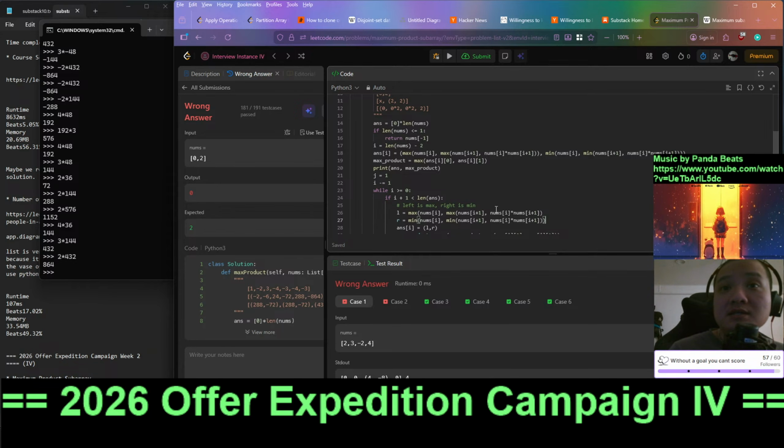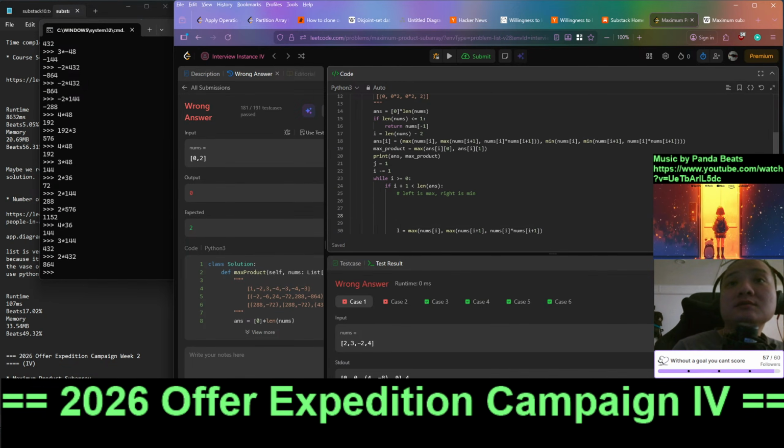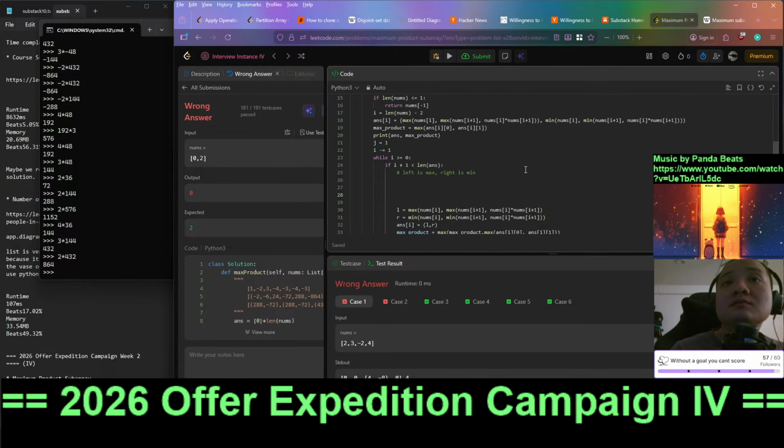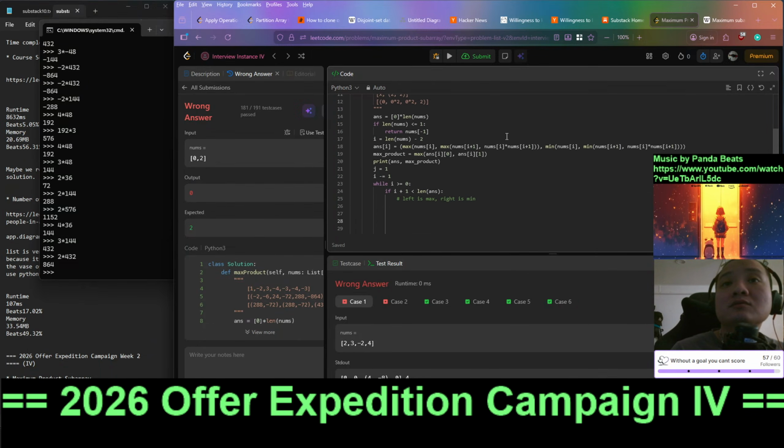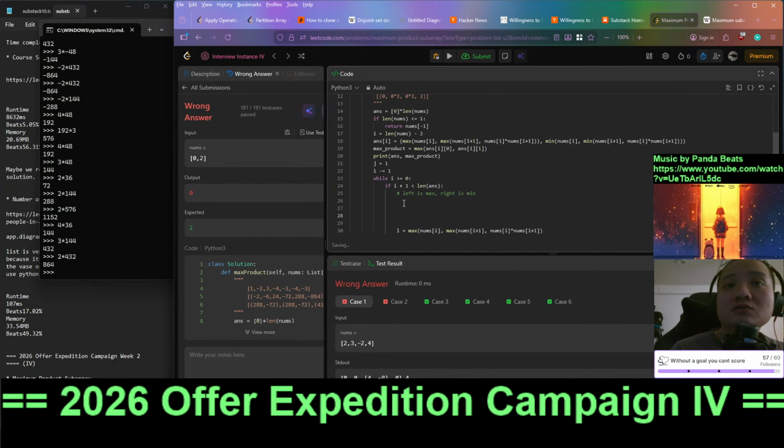So basically we want, okay, so does this condition, so for that we have -2, 4, -8, right? Out of these we want to take the min and the max, right?